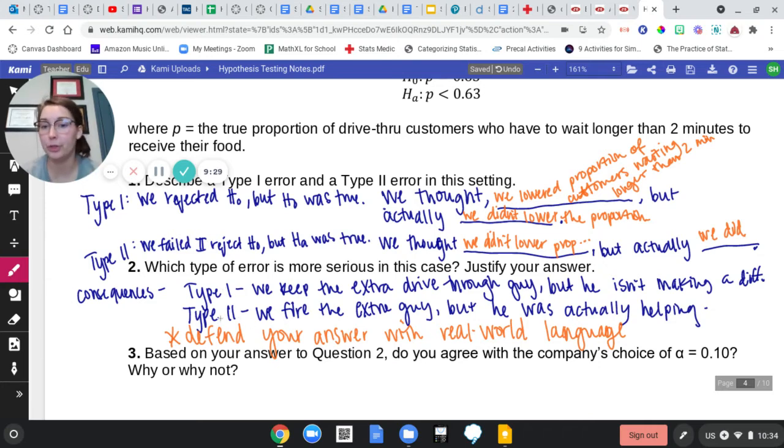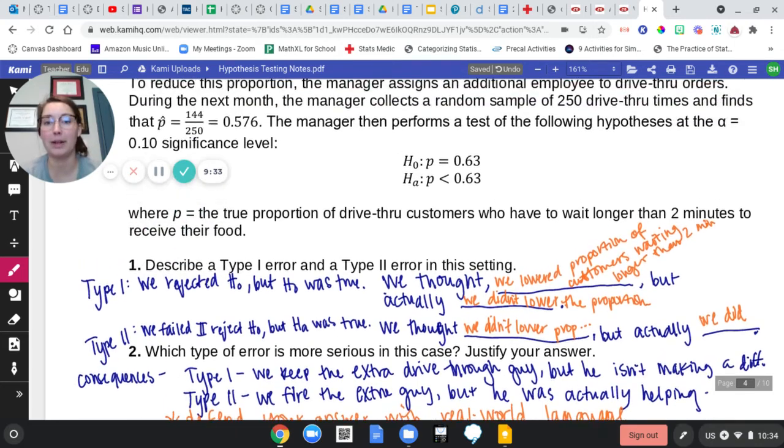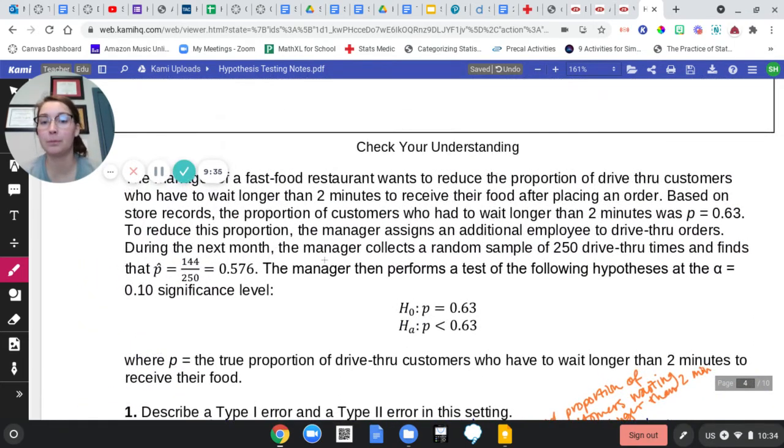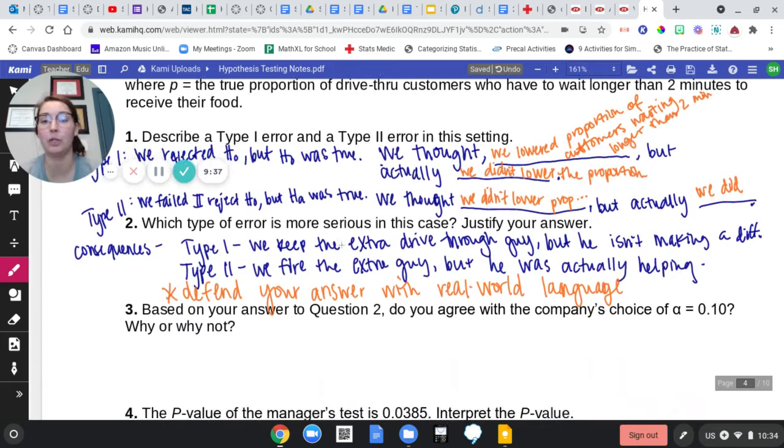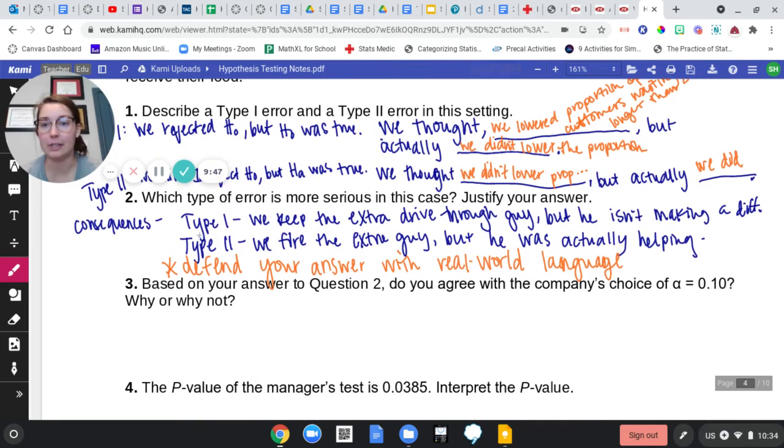You can choose which one is worse. I would say we should take the perspective of the manager. So you should definitely be the manager. Which one would be worse? Which error is more serious on the part of the manager? It's not always obvious. A lot of times type 2 is worse, but that's not always the case. That seems like it'd be kind of bad, right? To fire the extra guy.